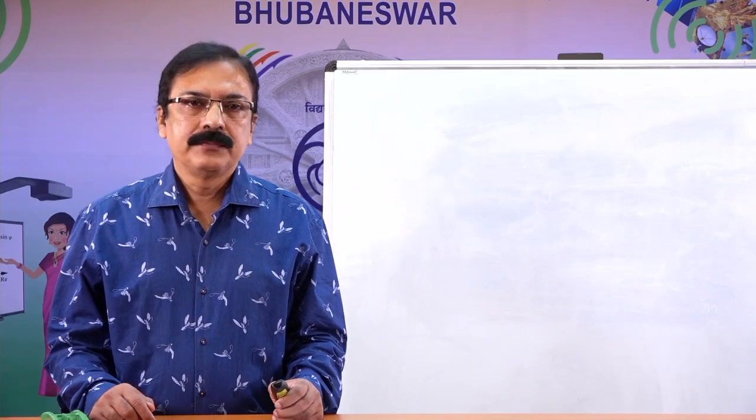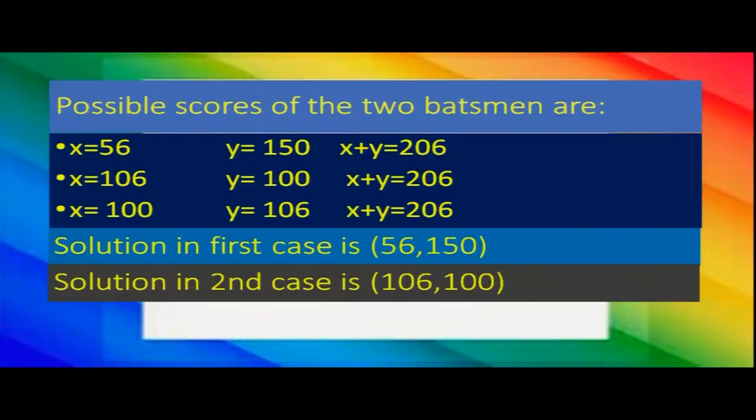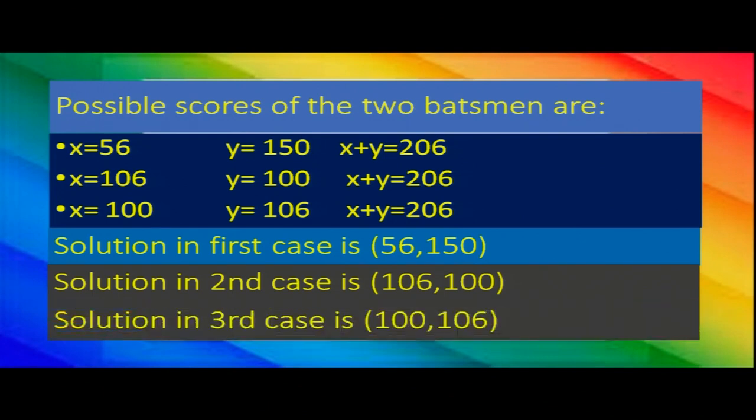Now, what if the value of x is 100? Then definitely the value of y will be 106, so that the sum is 206. So, here the solution can be written as (100, 106).